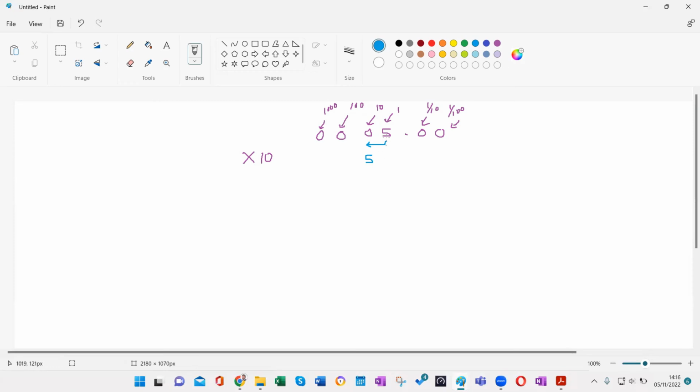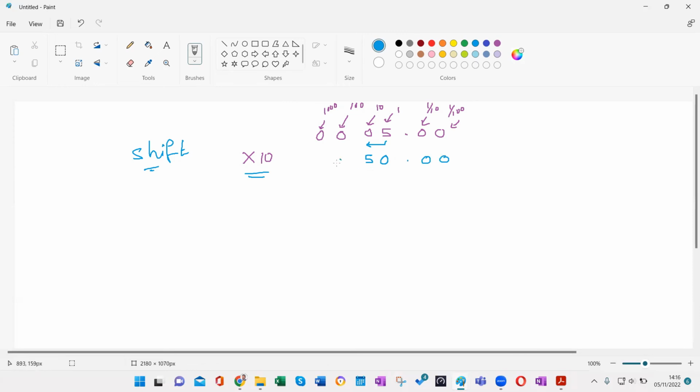The empty space, if you fill it with a 0, you get 50. I just moved this 5 one place to the left, and the previous value got multiplied by 10. So this is what is known as shift. Shifting to the left multiplies the value. Simple, right? This is the whole idea.